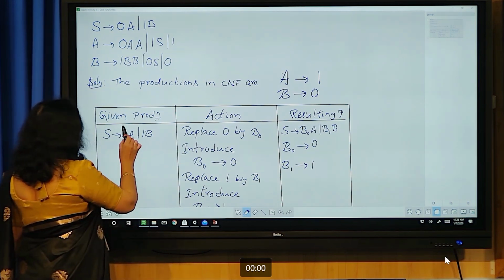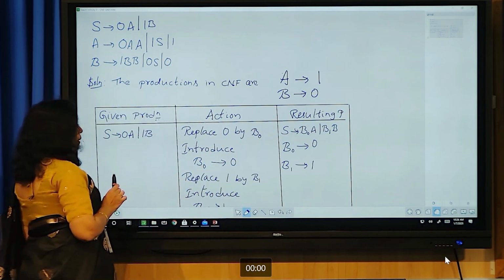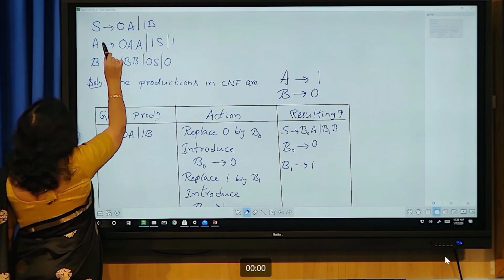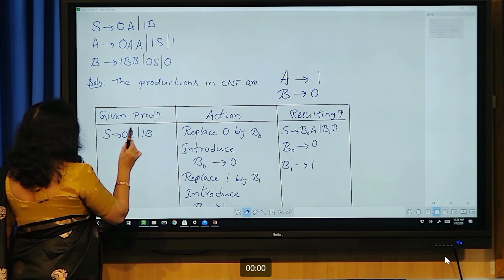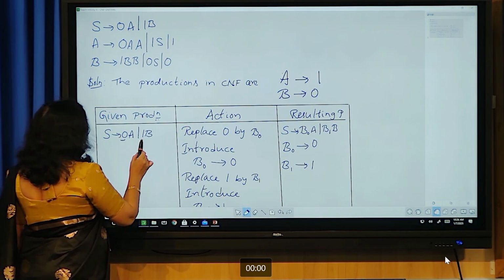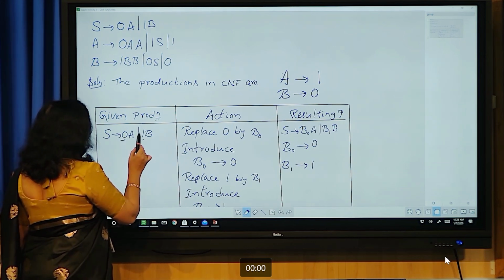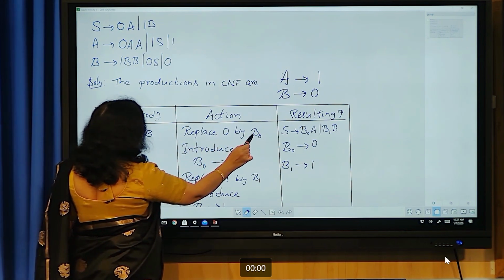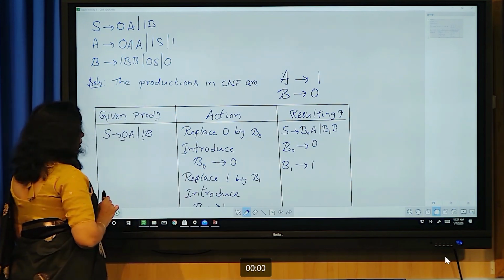Let us make a table: the given production, action and resulting productions. S produces 0A or 1B. I have taken the first production. So 0 is a terminal, 1 is a terminal. We will have to change this terminal to the variable. So replace 0 by B0, introduce B0 produces 0.